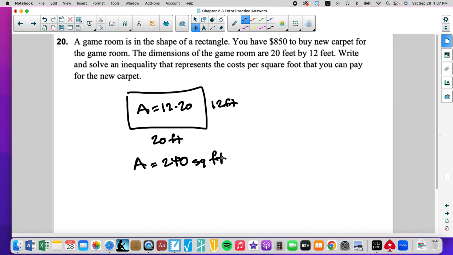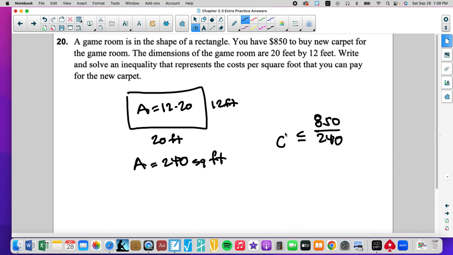So my cost is going to be 850 divided by my 240, and this cost per square foot needs to be less than or equal to that.